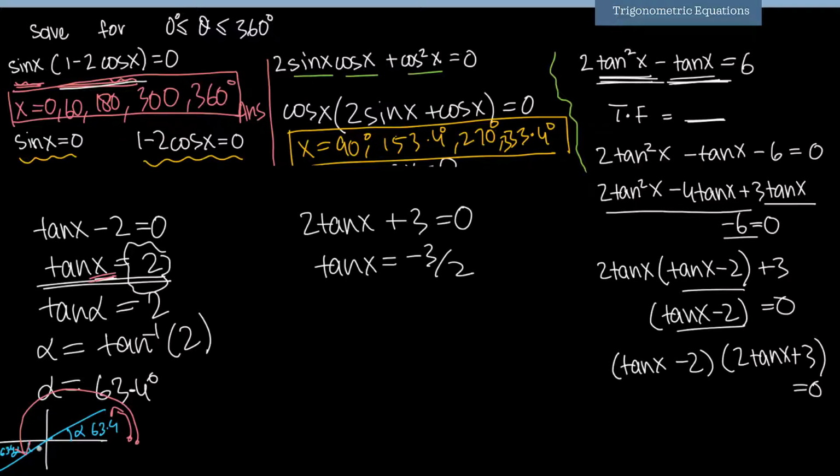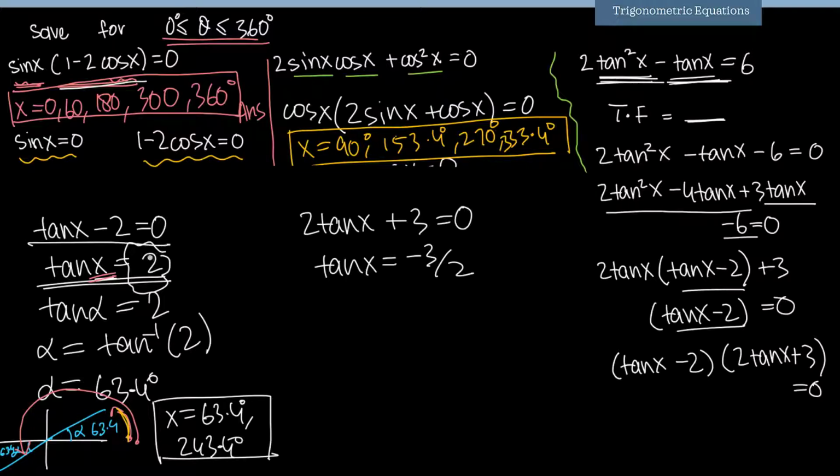I'm measuring anti-clockwise because I need positive angles. This is my domain. So my first angle is going to be 63.4, and my second angle is going to be 180 plus 63.4, which is equal to 243.4. So x is equal to 63.4 and 243.4 degrees. This is the answer for this part of the equation.